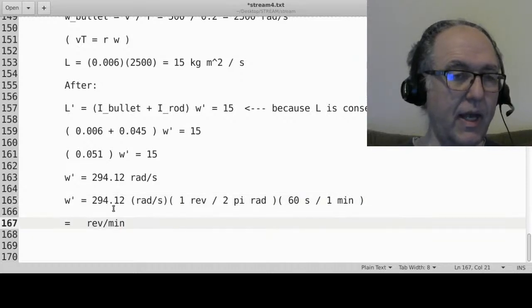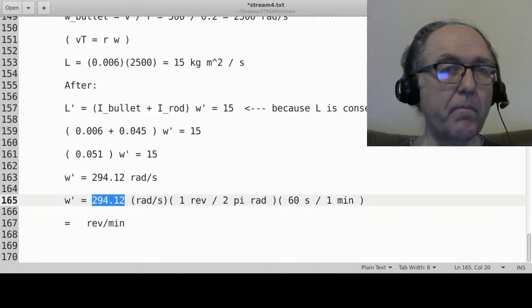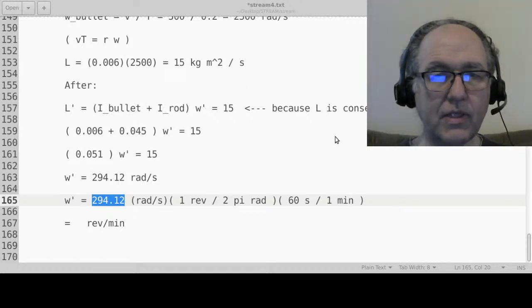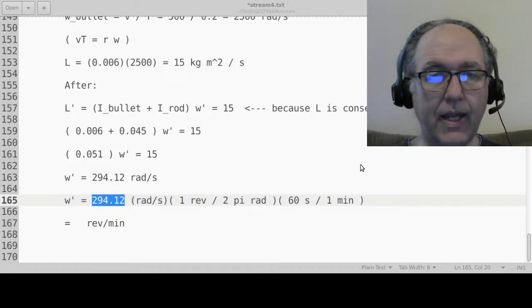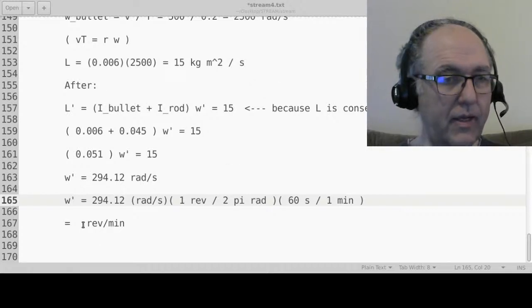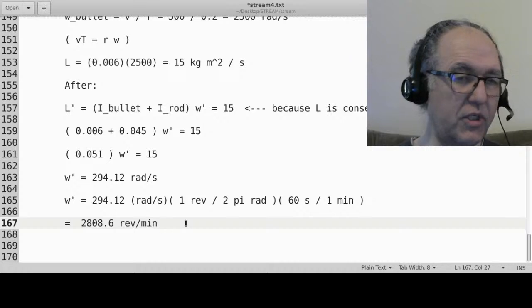And then of course I have to do the math. I take that number, multiply it by 60, divide by 2 times pi, and that gives me this number right here. There you go, the answer in revolutions per minute.